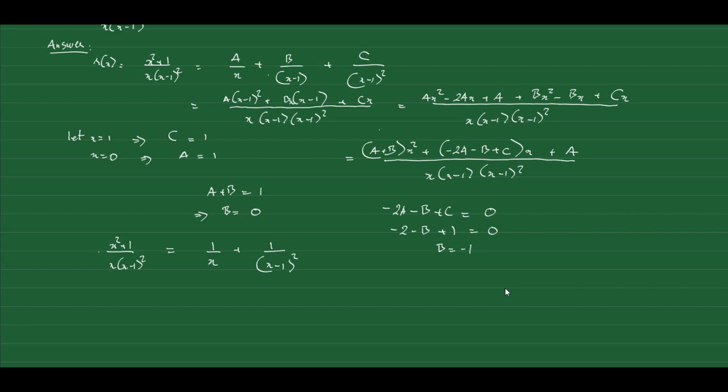A plus b squared minus 2a minus b. Let's see. I probably calculated something, equal to 0. Oh yeah, I think I have something wrong right here.